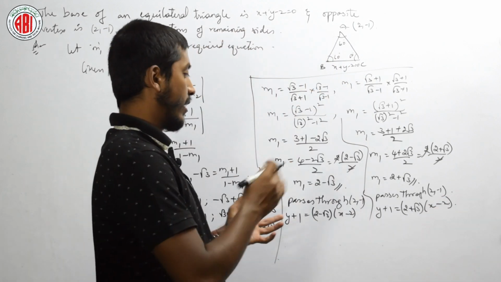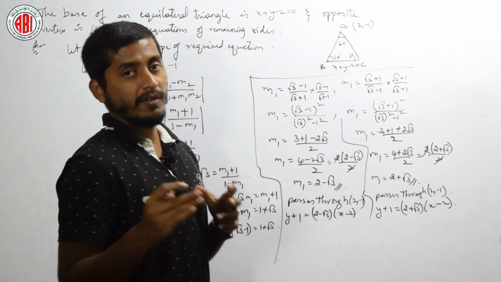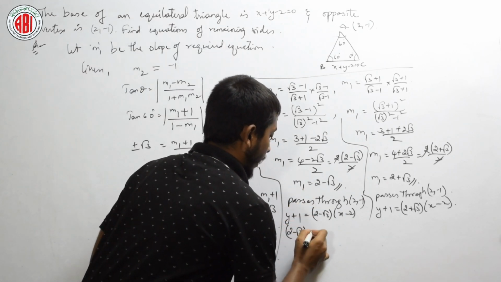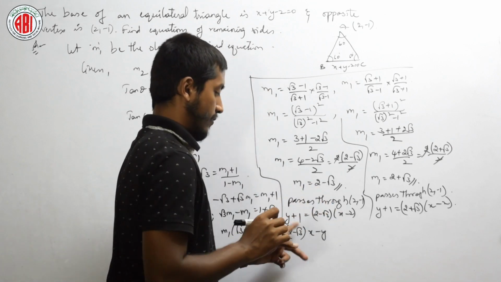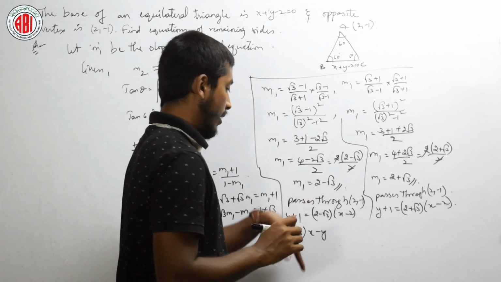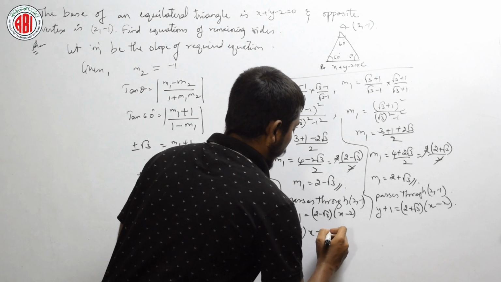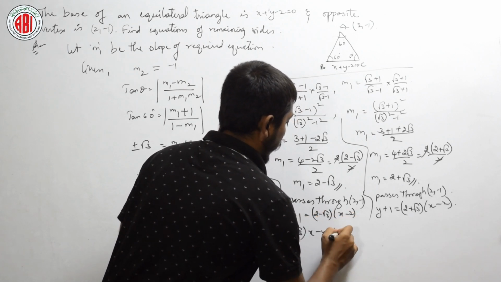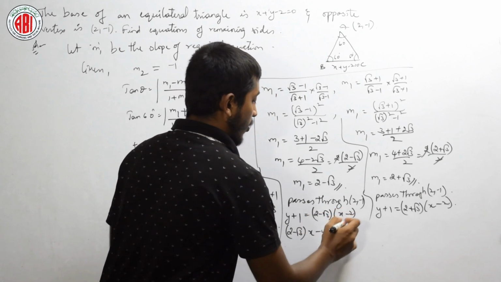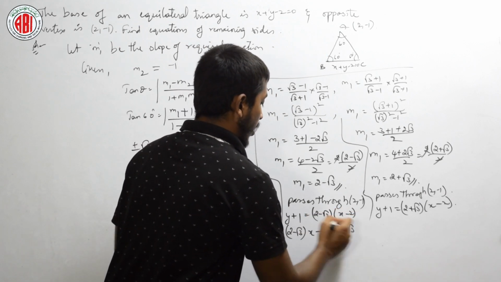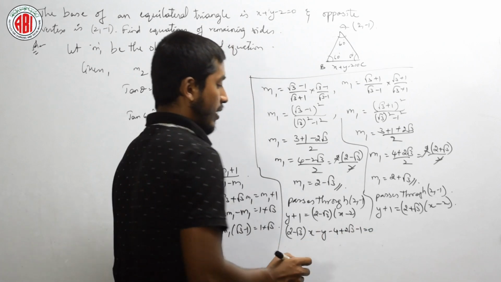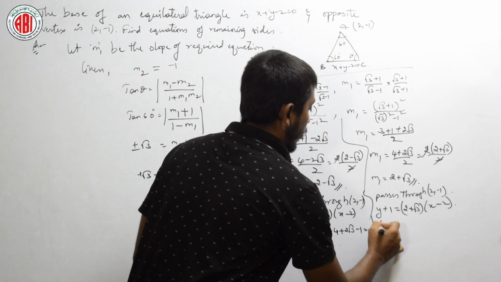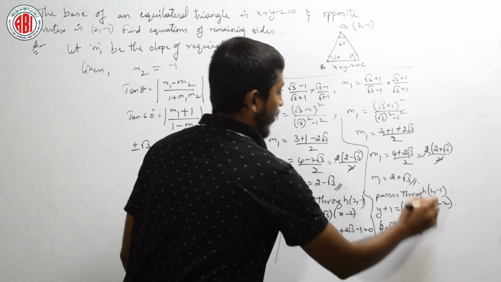Okay. Let us write in the general form, that is ax plus by plus c form. It becomes 2 minus root 3 into x minus y, that is this y will go that side. Okay. Then it will become 2 2s are minus 4, root 3 into 2 is plus 2 root 3. If this 1 comes that side, it becomes minus 1. Here also 2 plus root 3 into x minus y.